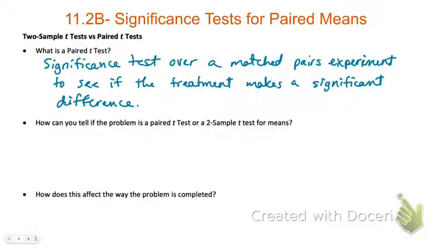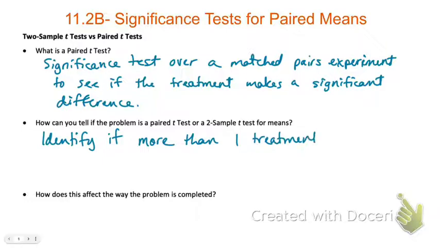So how do you tell if a problem is a paired t-test or a two sample t-test from what we did on Friday? Basically, what you need to do is identify if more than one treatment is applied to each individual.